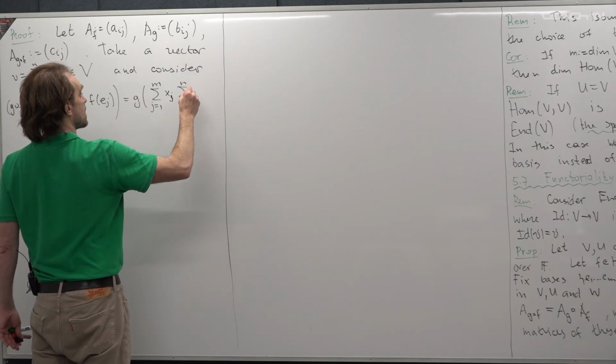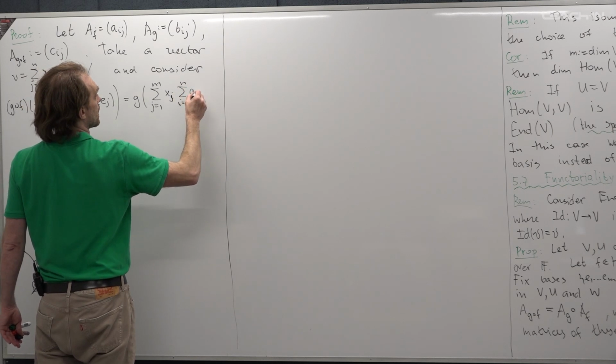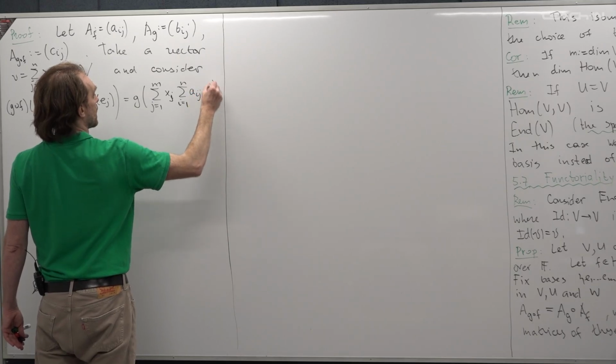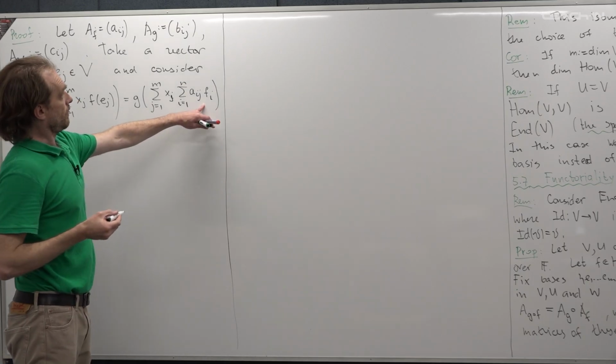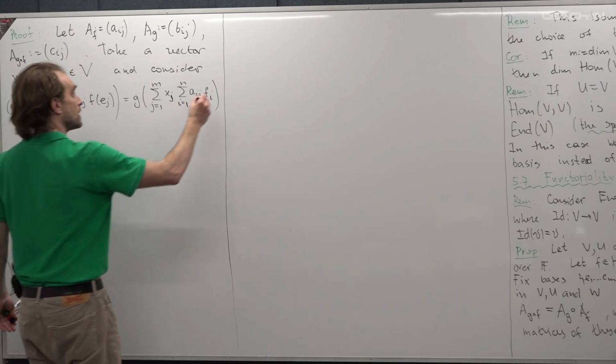So the sum where i ranges from 1 to n of a sub ij times f sub i. This follows from the fact that these are the elements of the matrix of the first mapping with respect to the pair of bases that we fixed.